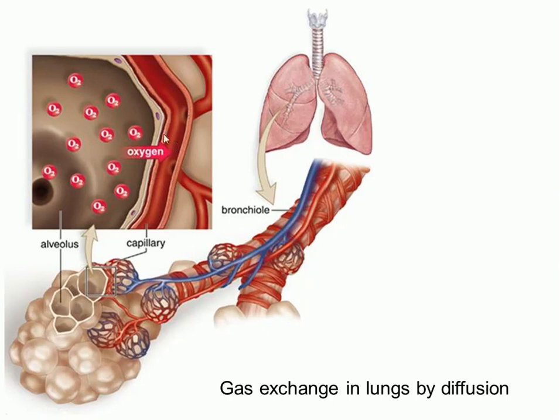At the same time, carbon dioxide can also directly pass through the phospholipid bilayer of the cell, moving from the capillary into the alveolus to be expelled from the respiratory system. So the gaseous exchange that happens in the alveolus is the example of simple diffusion.